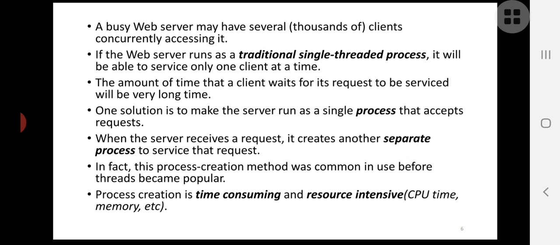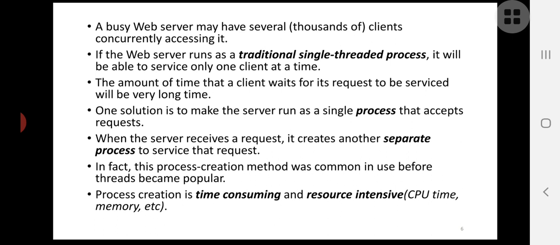If the web server runs as a single threaded process, then it will be able to service only one client at a time. Suppose that web server is running as a multi-threaded process, then of course it is able to service n number of clients at a time.